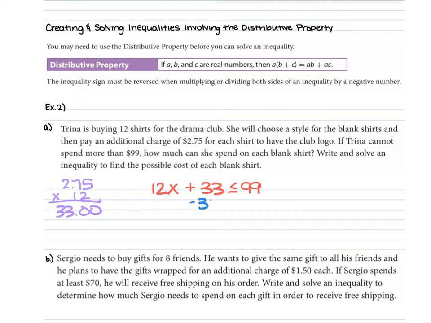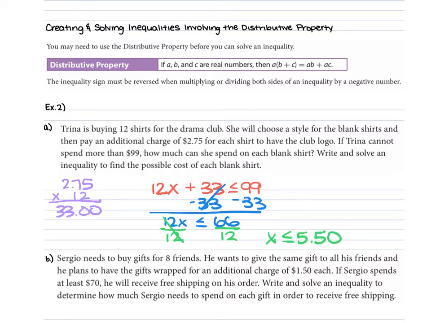So we're going to move the 33 over from each side. We get 12x is less than or equal to 66. Then we divide each side by 12 and get that x cannot be greater than 5.5, which is $5.50. So she cannot spend more than $5.50 per shirt.